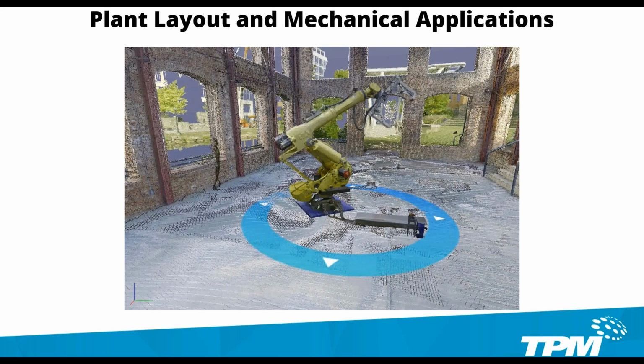Now, we've also found that in the mechanical world, there are things like, for instance, another product we sell, SolidWorks. SolidWorks notoriously hates point clouds. I mean, it can bring in point clouds, but if you expect it to work very well with a point cloud, you're mistaken. It'll just overwhelm it and bring it to its knees. So in that kind of scenario, maybe I'm using this in conjunction with some other kind of conveyor that I'm designing.